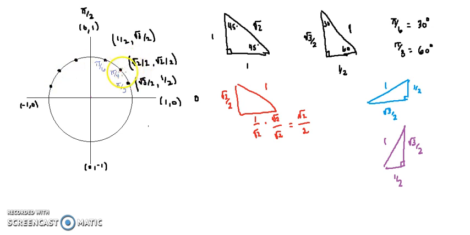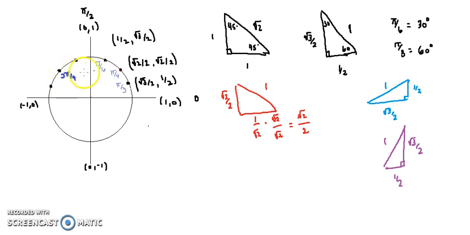So for example, here's pi over 4. The next one over here, if we count pi over 4, another pi over 4 would give us 2 pi over 4, that'd be right here. Another pi over 4 would give us 3 pi over 4, and that would be right here.